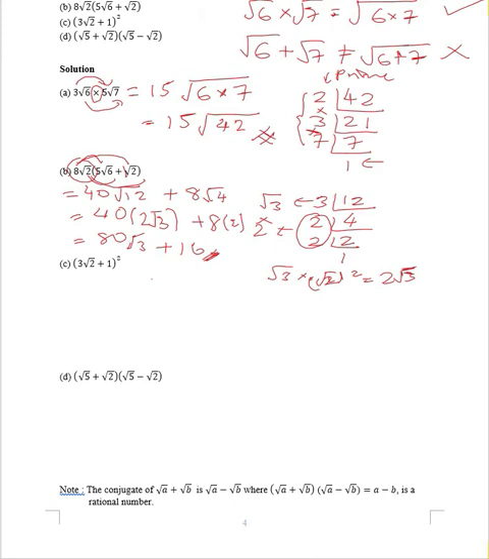For the next question, you have bracket squared. So bracket squared means that you have two of the same things.